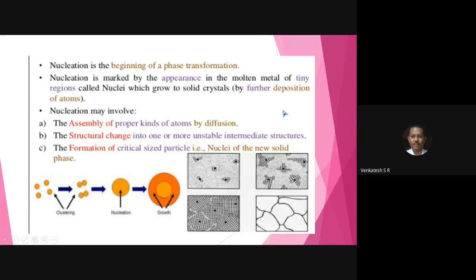The change in the structure from FCC to BCC with respect to the temperature is due to the formation of crystal structure. At 900 degrees centigrade, you have FCC, which changes into BCC at 1350 degrees centigrade.